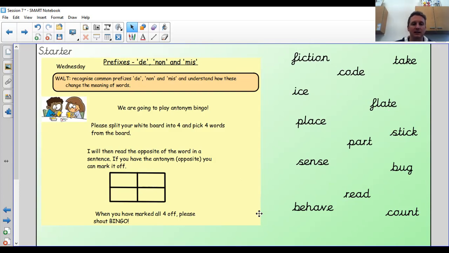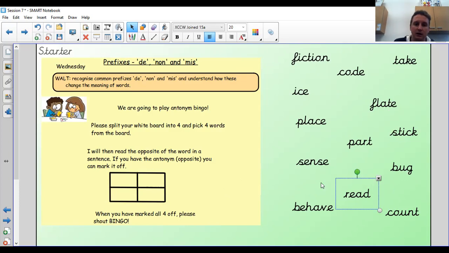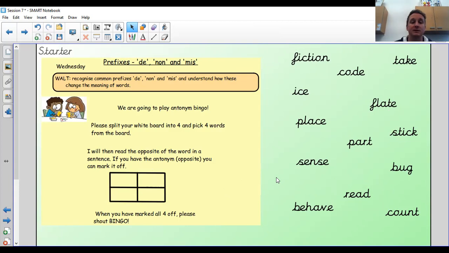All right, so I'm going to read the opposite. And if you have the opposite of that word, you can tick it off. For example, you could put in the word bug into there. If I said the opposite, so if I said debug, you can tick it off. Okay, so pause the video now and put 4 of those words into your table. Go.